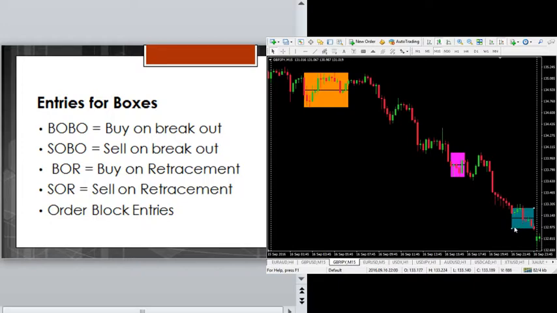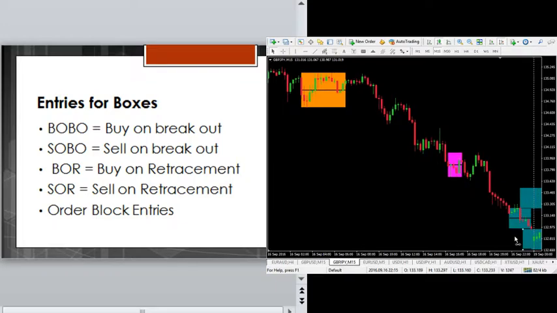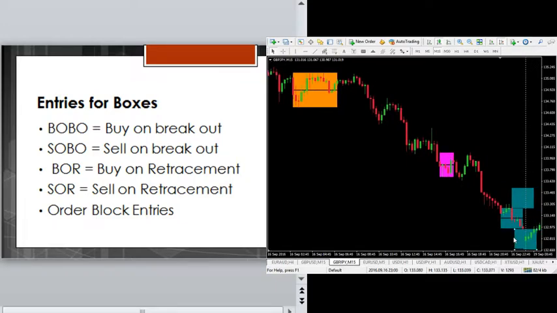Now we are going to drag one box up and one box down. As we said, whenever there is a breakout, we sell on breakout. So our first safest TP would be the 50% of the box.